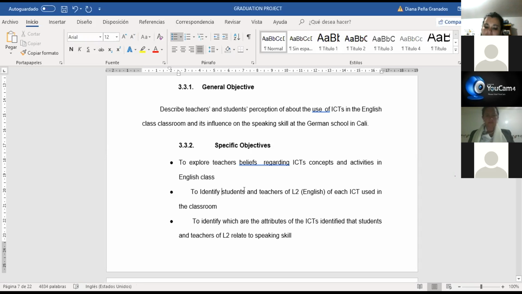Students' beliefs. Same thing, yes? And let me check for another verb.